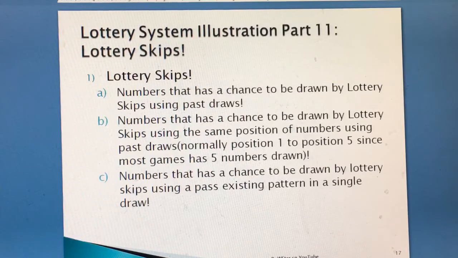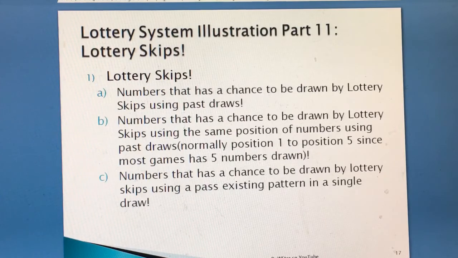Lottery skips are skips using the past draws. It can be used with the same position of a number using the past draw also. So you can use it either using the past draws of a number or the past draw of a number by position.